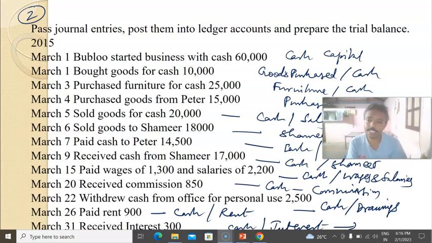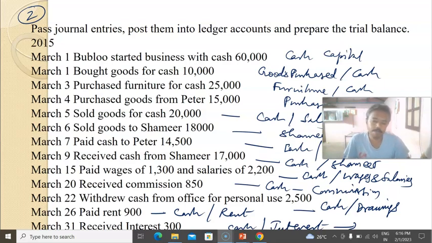Next, transaction 6, March 6, sold goods to Shamir. Since the name is there, you can take this transaction as on credit. So we have Shamir account and goods sold account. Shamir account is a personal account, goods sold account is a real account. So Shamir, debit the receiver. When we sell goods, he is the receiver.